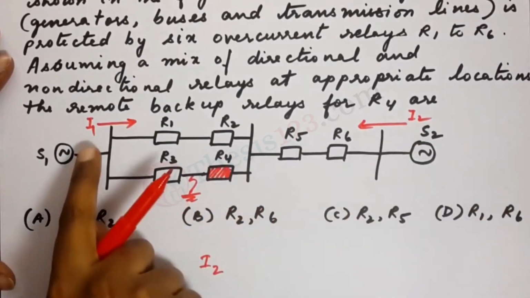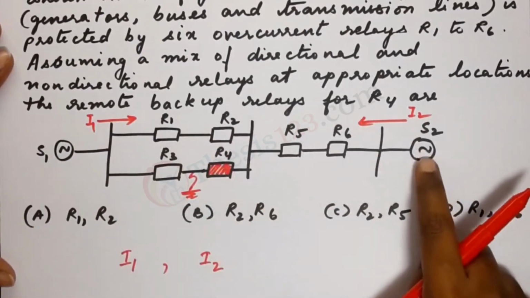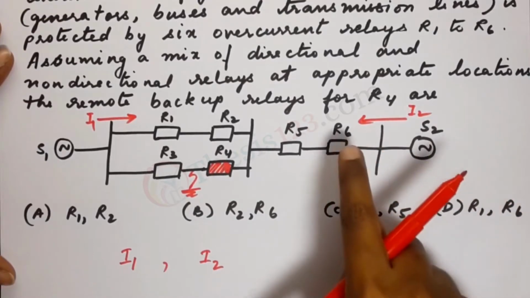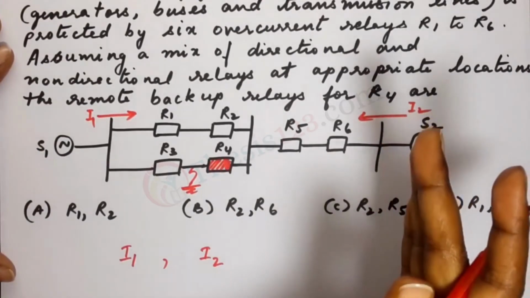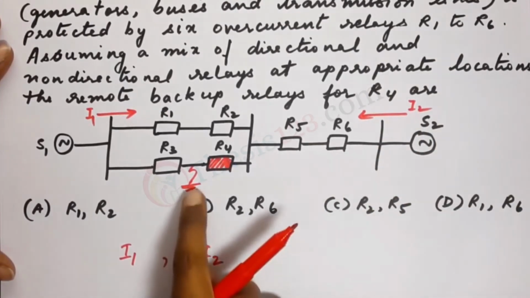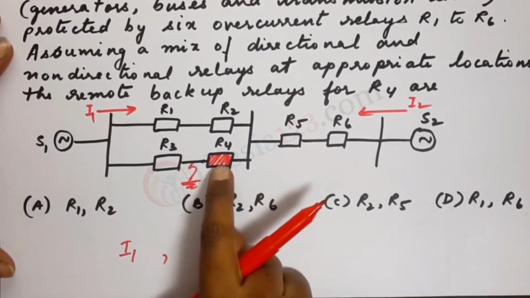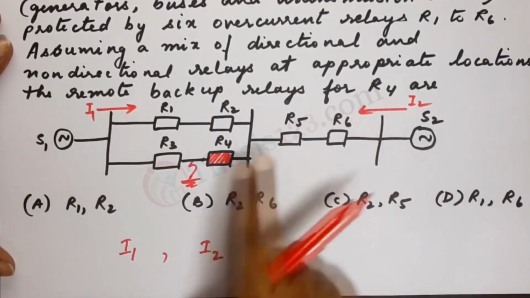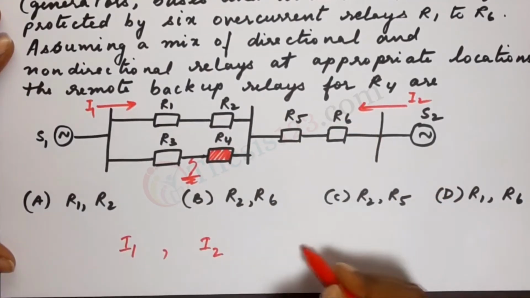In order to limit I1, R1 must operate. And in order to limit the current I2, R6 must operate. So if any fault occurs and a certain relay fails, according to this question, if R4 fails, then R1 and R6 must operate.